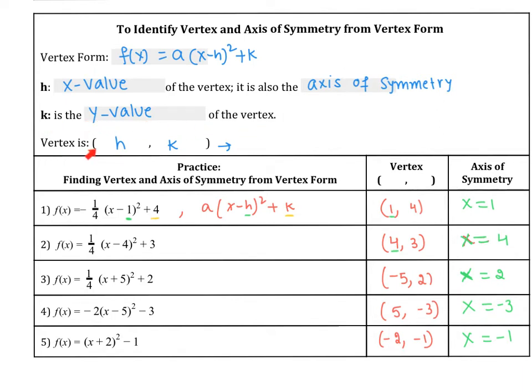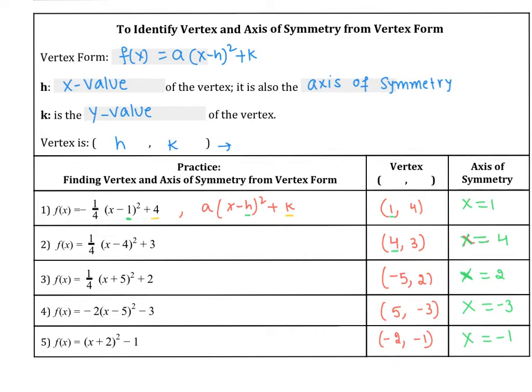When you write the vertex, it's going to look like (h, k). Remember, this is a negative sign, so we do not keep the negative sign; we just write h. And if it's a positive sign, then we write negative h.